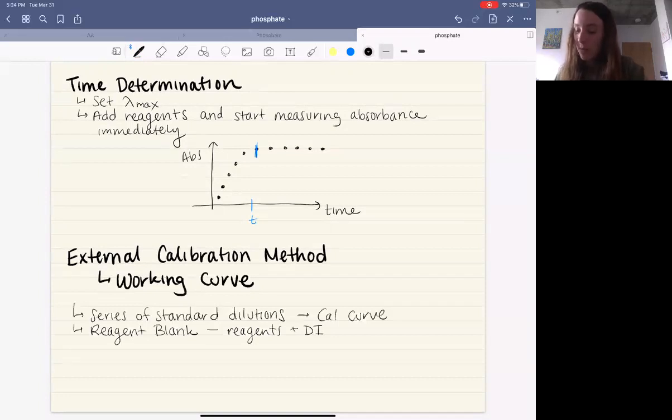And from there, we can make a working curve, which means we're going to take that amount of absorption that we get from the reagent blank solution and subtract it from all of the other values, because we know that that much of the absorbance is contributed by our reagents and isn't because of the phosphate itself. Okay, so we'll subtract.